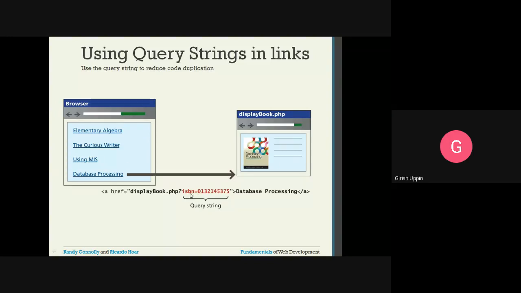So I will have a display book.php page that displays the image, title, author's name, and some information. If I pass the ISBN, then I need not have one PHP file for each of these books. I can have one generic display book.php, and based on the ISBN number, I can repaint the same page.